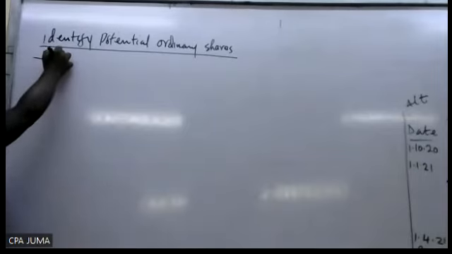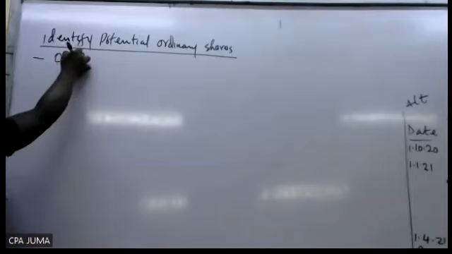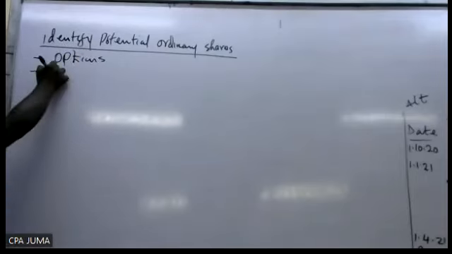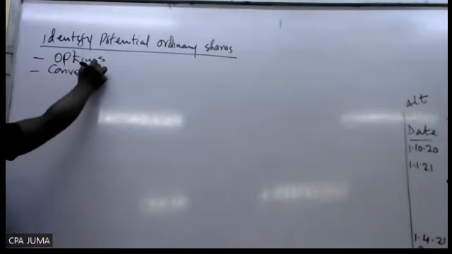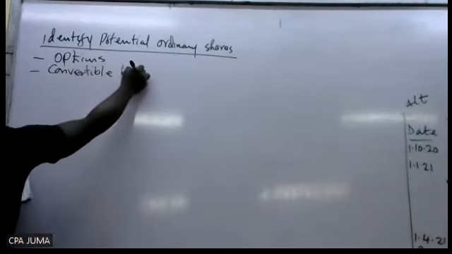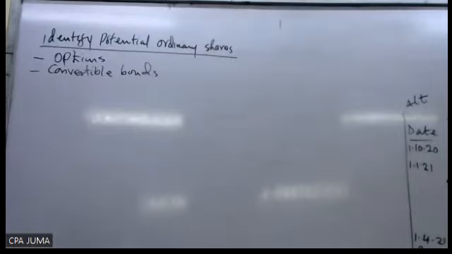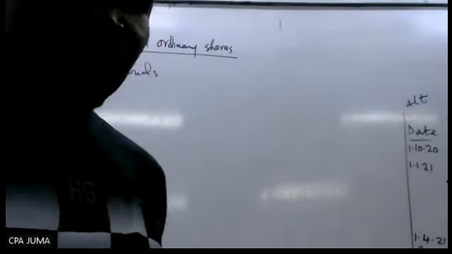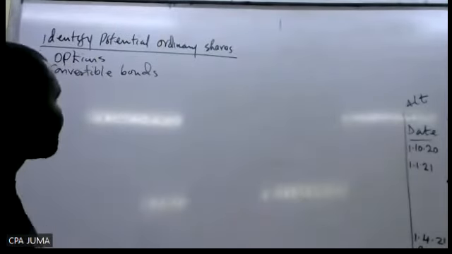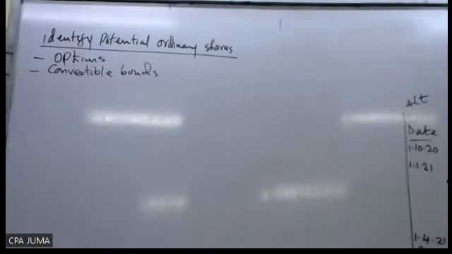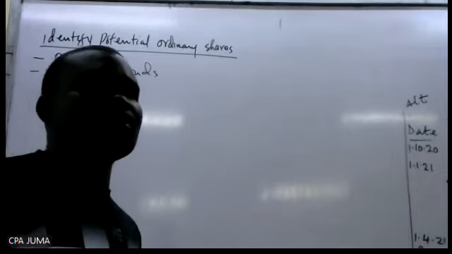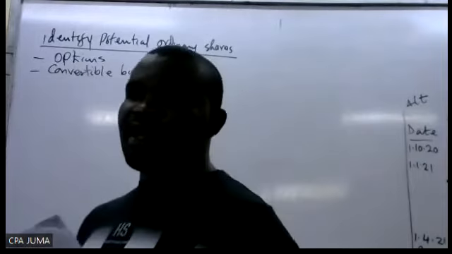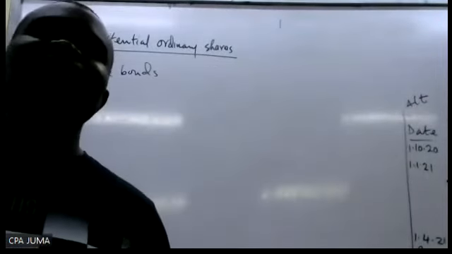So the potential in this question, we have options, and there was convertible what? Convertible bonds. The preferences which were here were not convertible. They will never be converted into shares. The 7% ones, the question is, are they convertible?